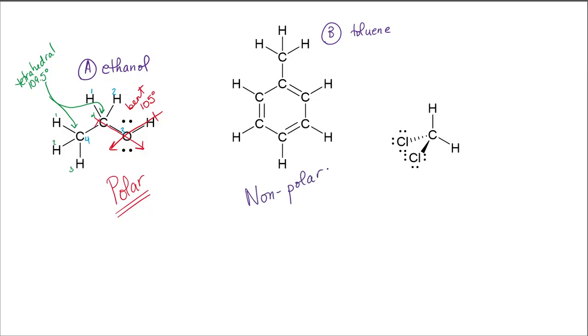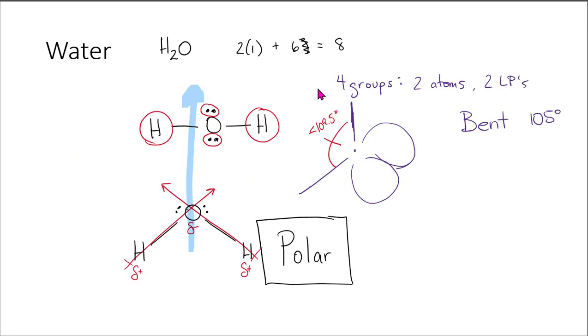This has implications. We're going to come up with implications on this when we start talking about intermolecular forces. But one of the big things is that this molecule is not soluble in water. And I'll tell you that now so that when I get there, you'll understand. But if we go back and look at our water molecule, water's polar.